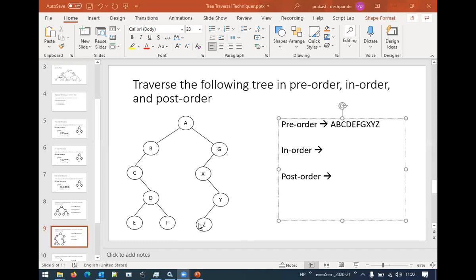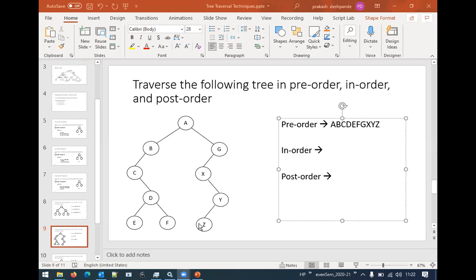Expressions: infix expression, prefix expression, postfix expression. If you take a binary operation like A plus B, right? What is plus? The plus is the operator. A and B are operands, right? Now, if I write like this, it is called an infix expression.